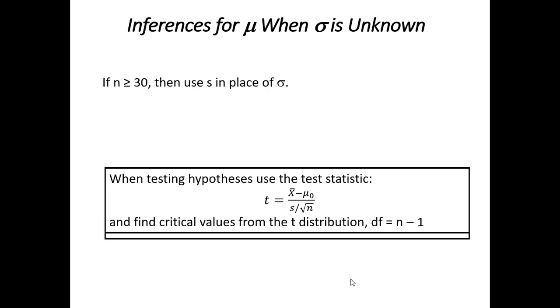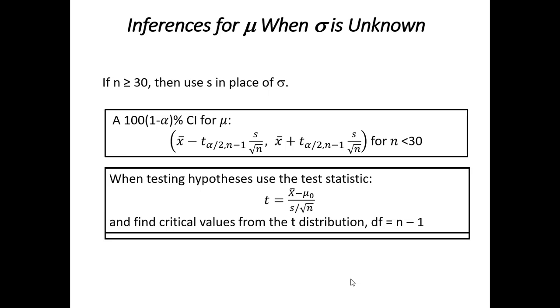Okay, so that's the end of the first part here, inferences for mu when sigma is known. Now we're going to look at inferences when sigma is unknown. We'll ask similar types of questions.